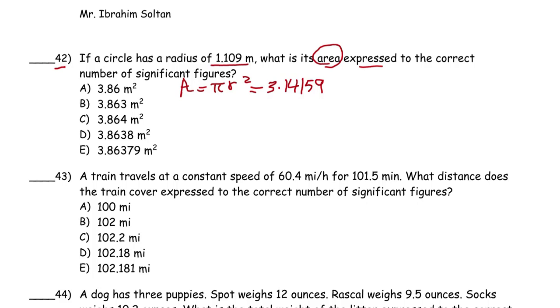3.1459, times the radius squared, 1.109 squared. It equals 3.1459 times, when you get the square of this number, you will reach 1.229.